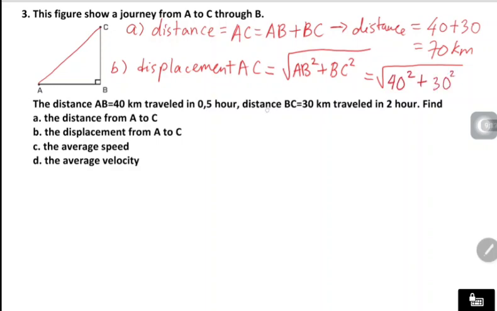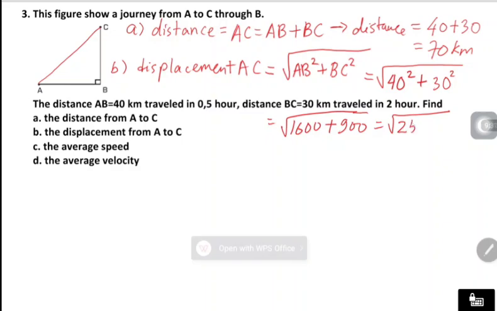So that we get 40 square is 1600 plus 30 square is 900, and we get the value is 2500. So that we get AC is root of 2500 is 50 km.